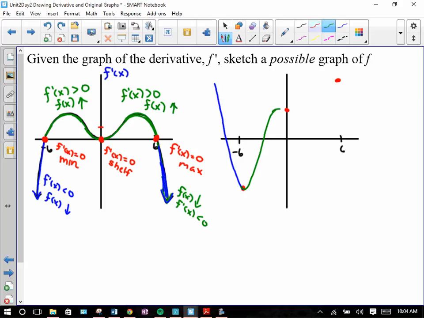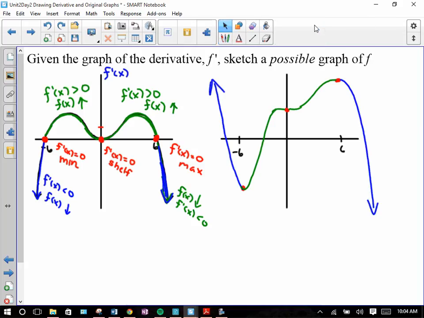Just notice something like that, and I'm exaggerating that. That's a really big exaggeration. And then it's going to increase some more from 0 to 6. And then from 6 to positive infinity, it's decreasing. There's our function.